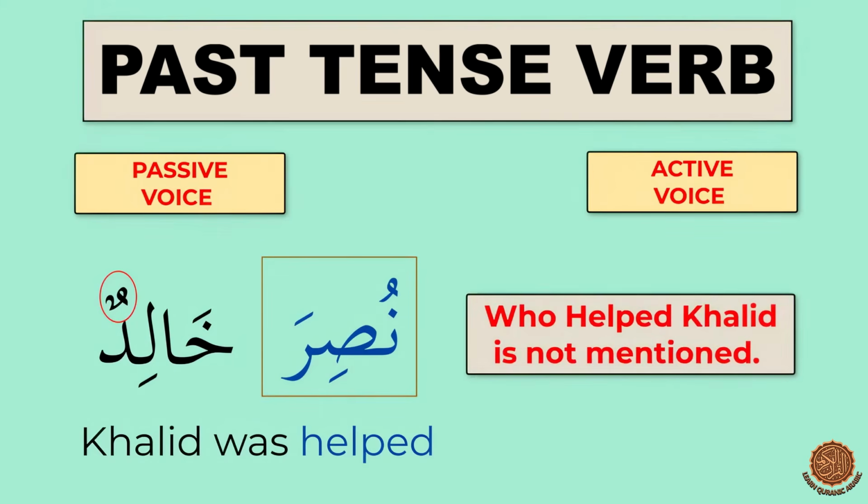Somebody helped him, but we don't know who that person is. In fact, it could have been more than one person that helped Khalid, and in this case the verb would not change. So Nusira is he was helped. Who did the helping? It's not mentioned. So we're not talking about the passive voice. We'll be speaking about the active voice. Okay, so that's a point there.